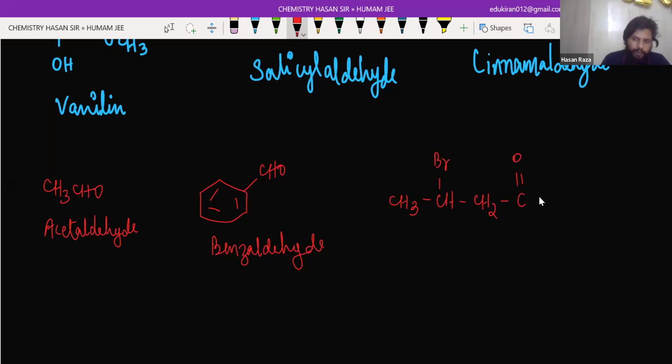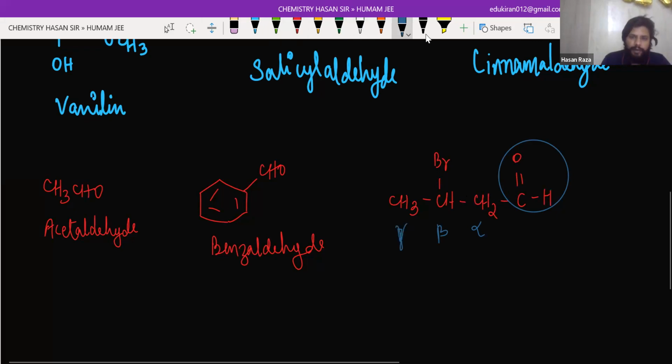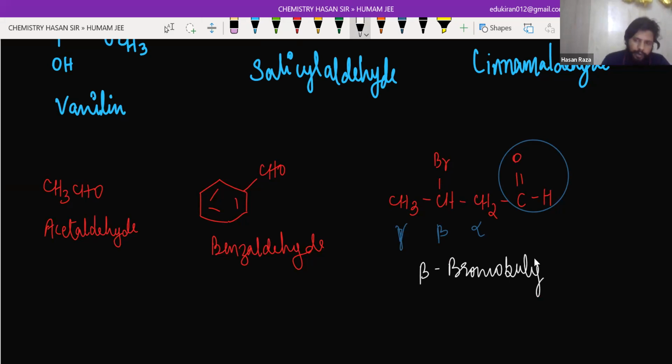You know that this is the main functional group, so the attached carbon will be alpha, then beta, and then gamma. Instead of writing 1, 2, 3, you can use this naming to represent beta bromo butyraldehyde.